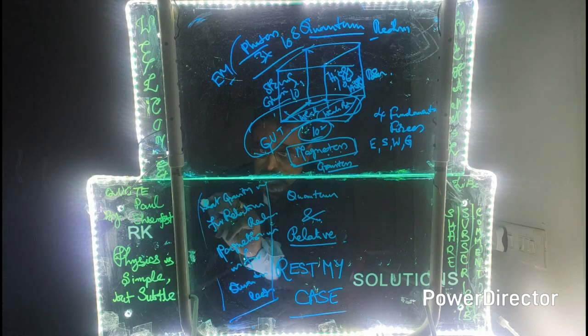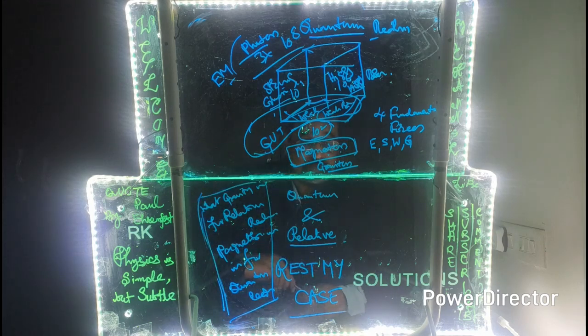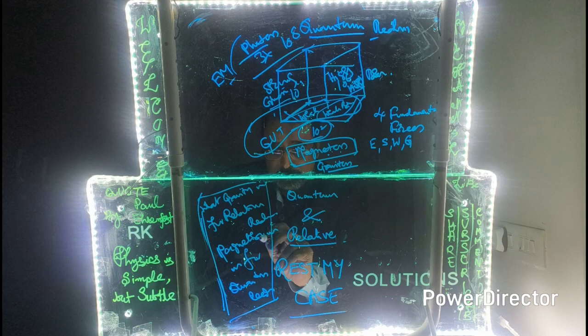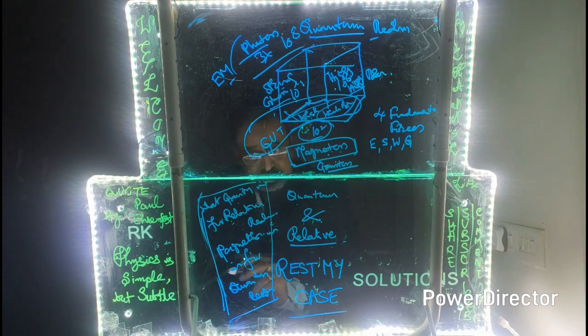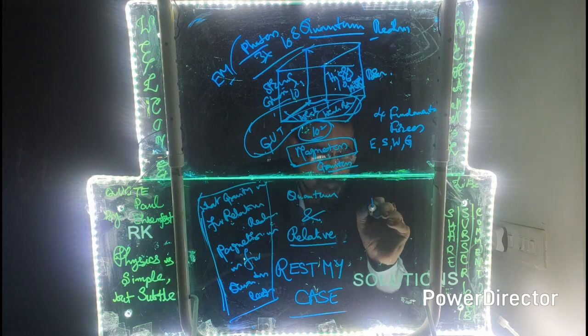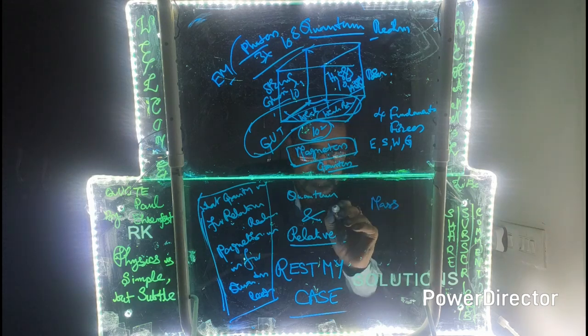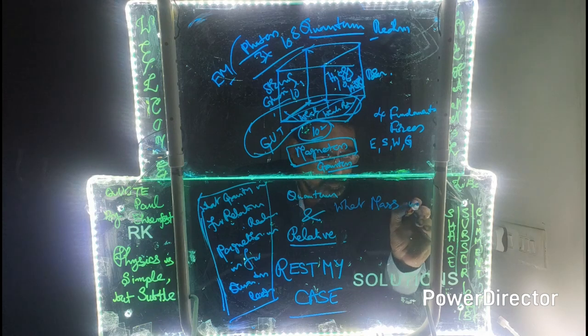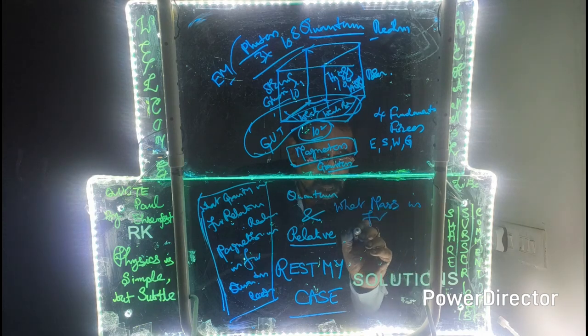Even then, I had the same idea, but it was a childlike enthusiasm. This is far more mature. So, you want to compare? Then gravity is what photon is for quantum, graviton is for relative, and mass is what, for relative.